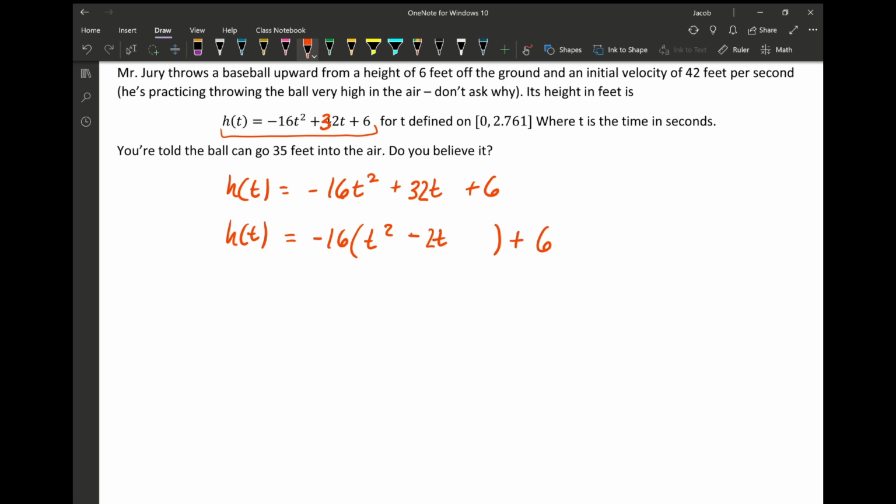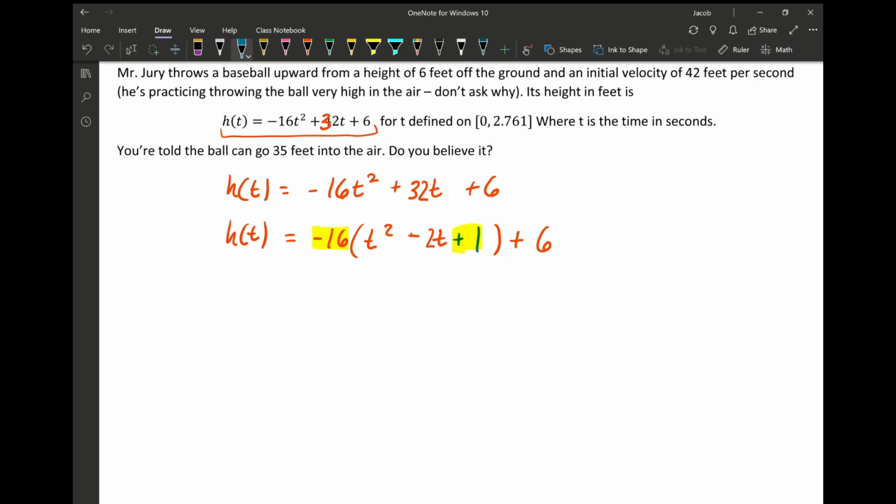Just completing the square. This number in here needs to be b over 2 squared. My b is negative 2, so this has to be plus 1. If I'm adding plus 1 to the inside, I'm not actually adding plus 1 to the outside, because this number inside of my parentheses is influenced by this negative 16.